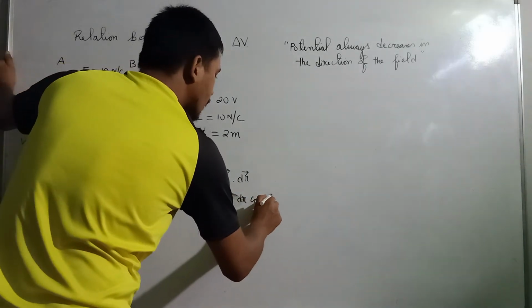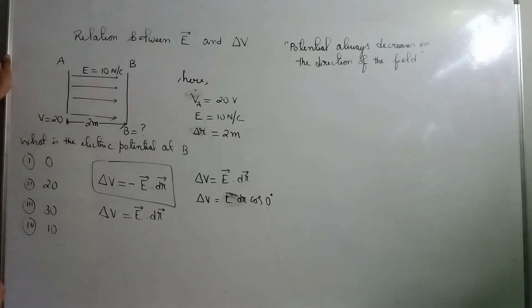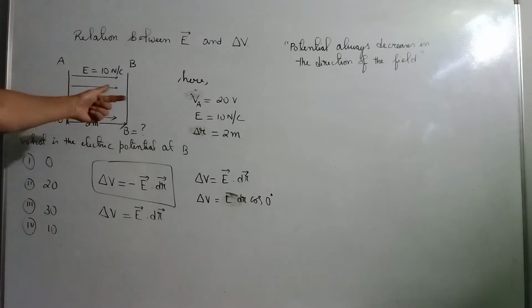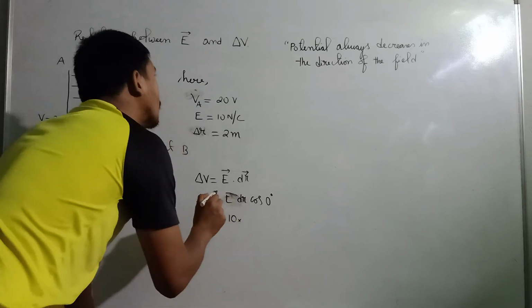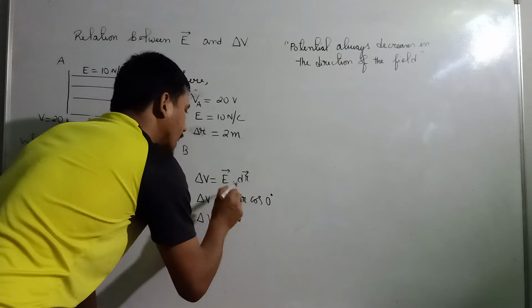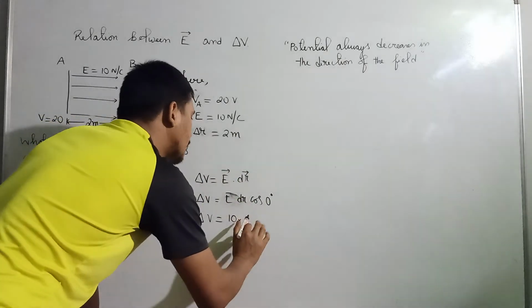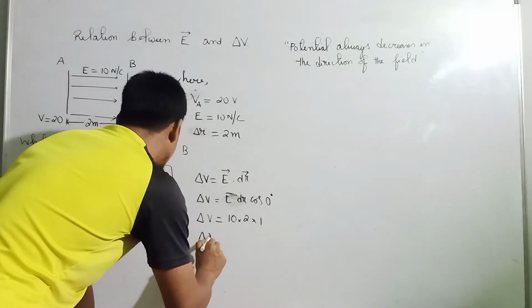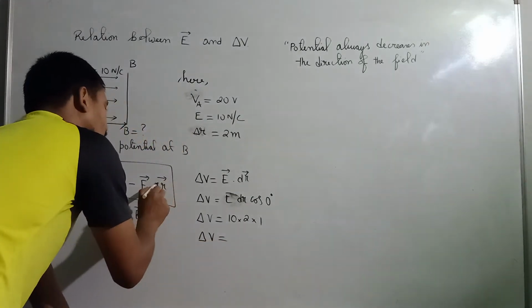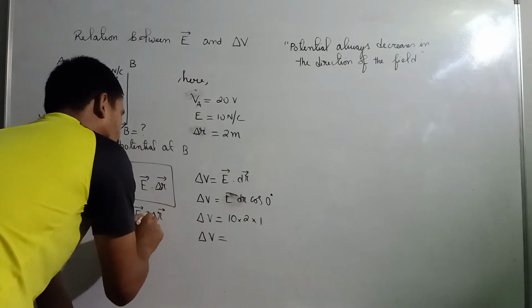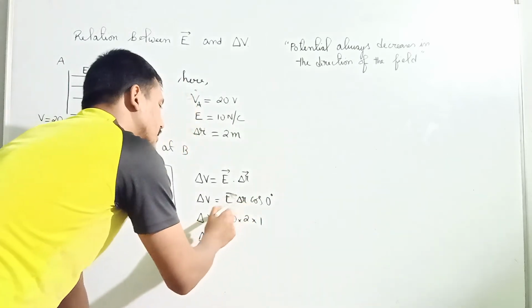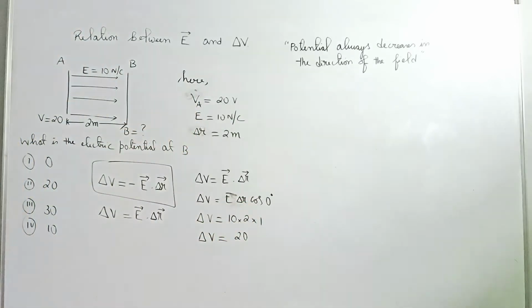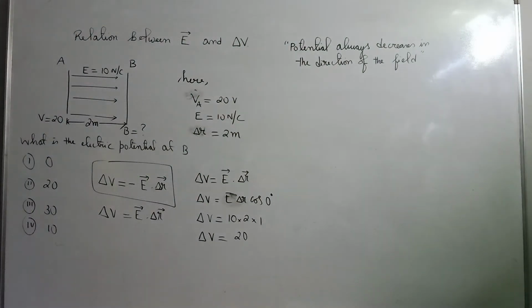Let's say that the displacement is from A to B. If the displacement is from A to B, then E and dr will be in the same direction, so the angle is 0. So del V is equal to 10 times delta R, which is 2, into cos of 0, which is 1. So I'm getting 20, right?